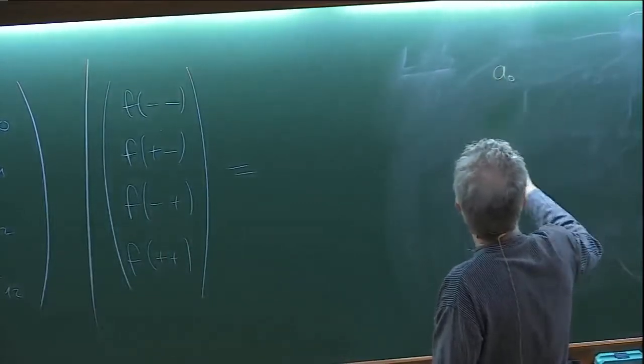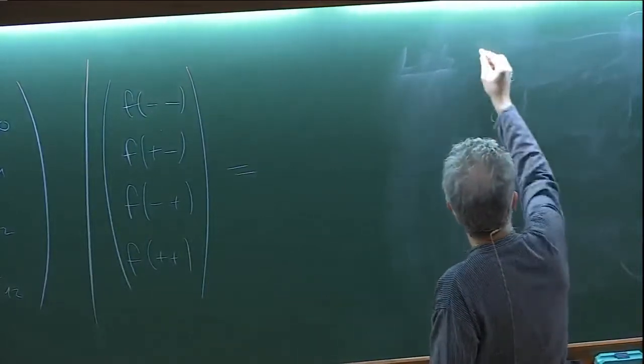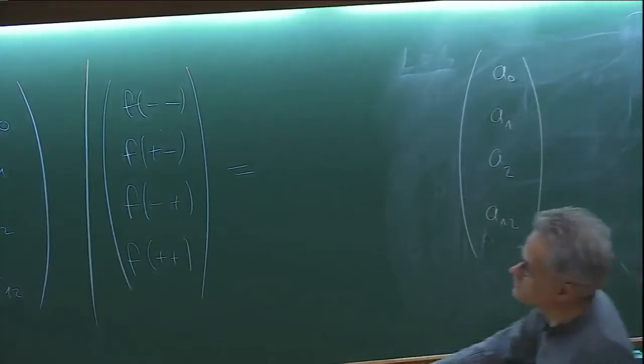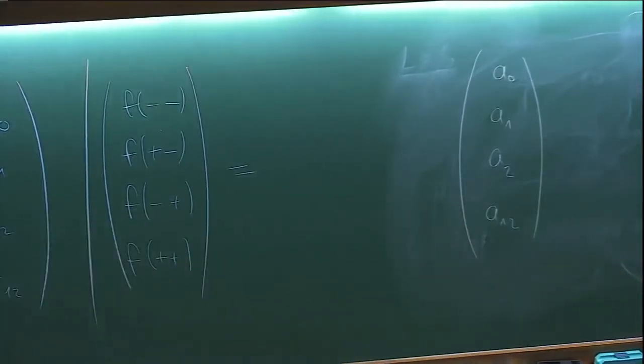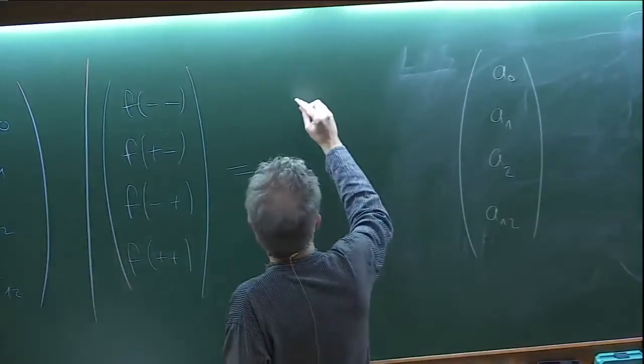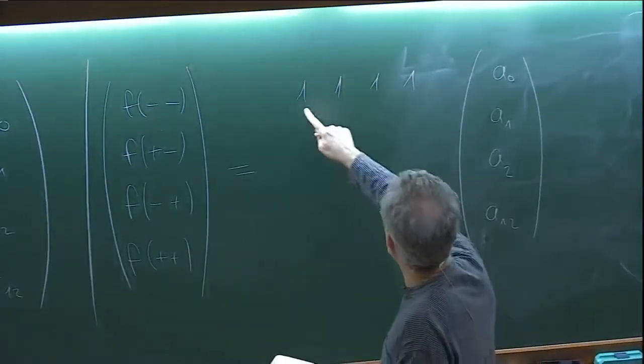So here this would be A0, A1, A2, and A12. And this matrix, I have to look it up. But essentially what I said yesterday as well, and this is clear from the structure here, is that all these rows contain only 1s and minus 1s, right? Because the only values that this thing can take are minus 1 and 1. And so the matrix that you actually get is the following, up to some overall constant.